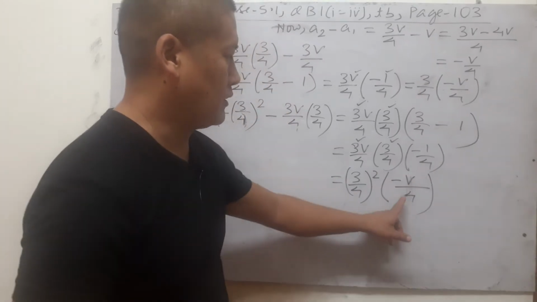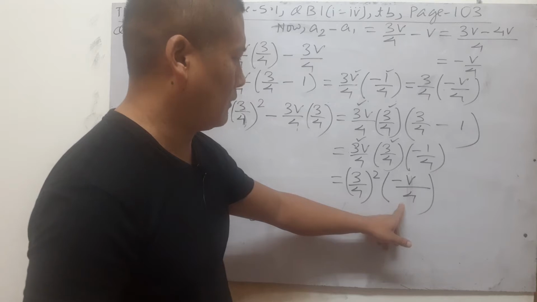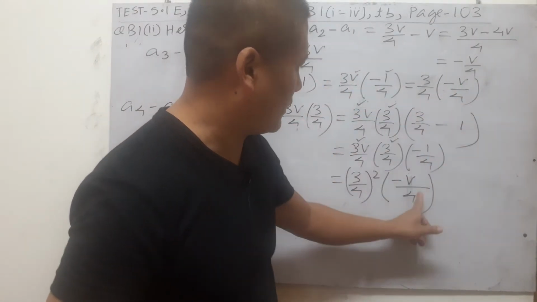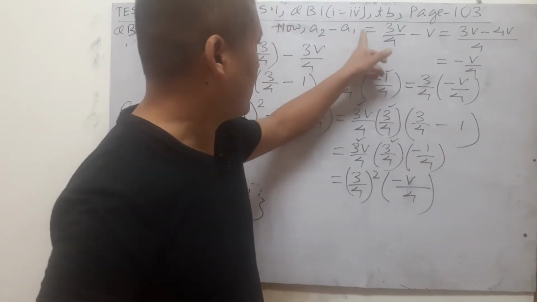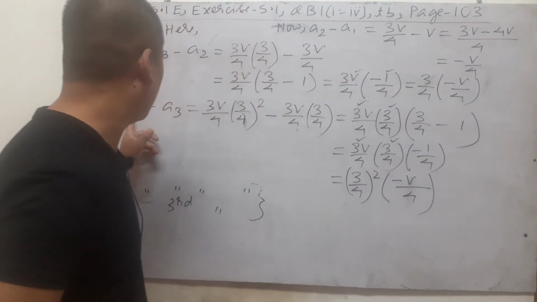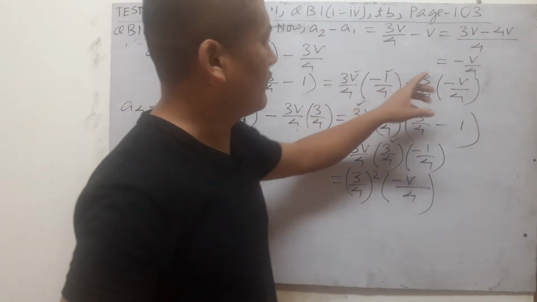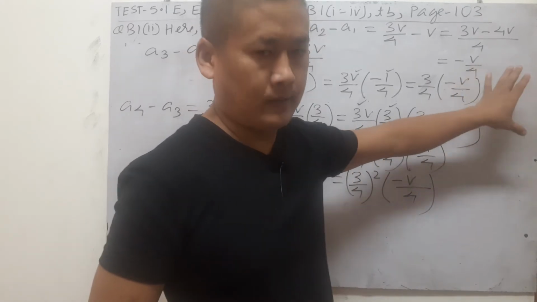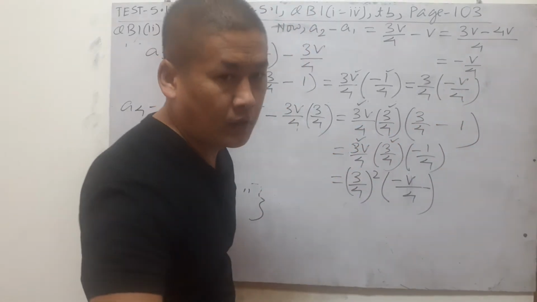We did that intentionally so it remains comparable to A3 minus A2, which is here minus V by 4, and A2 minus A1, A3 minus A2, F4 minus A3 have a common factor minus V by 4, minus V by 4, minus V by 4. We did that intentionally, keeping a common factor, so they are comparable.